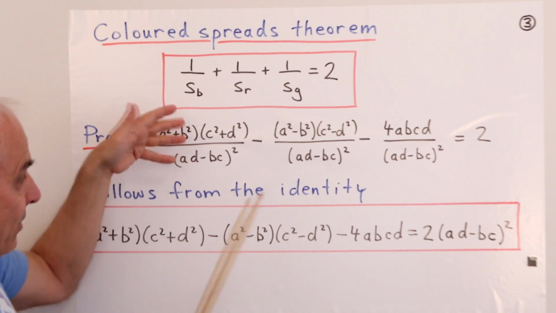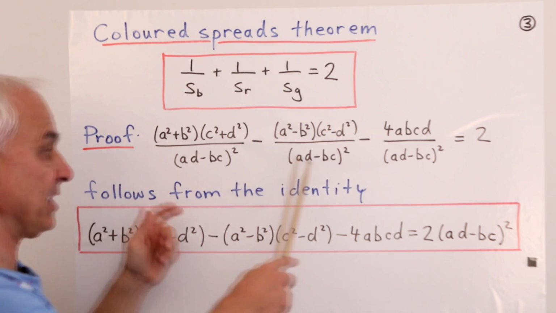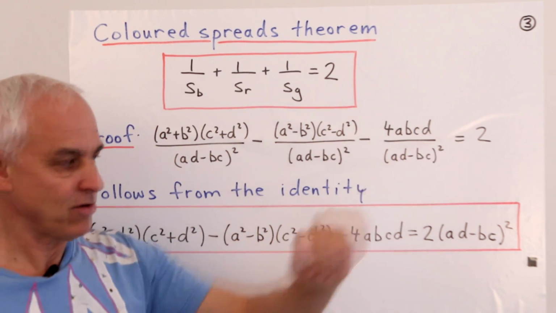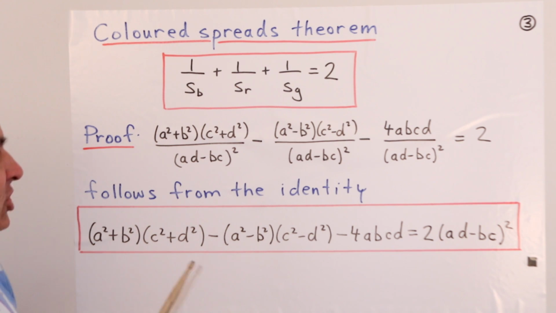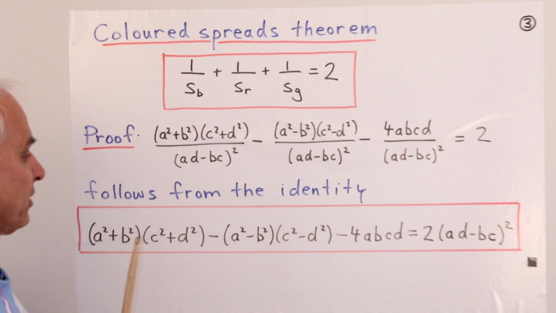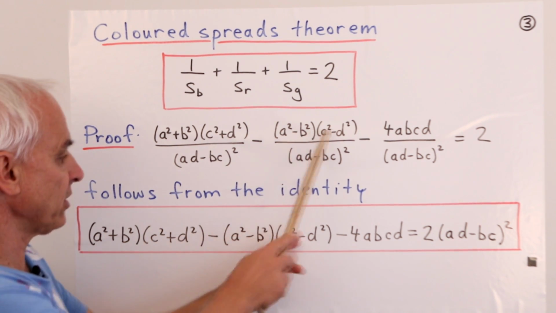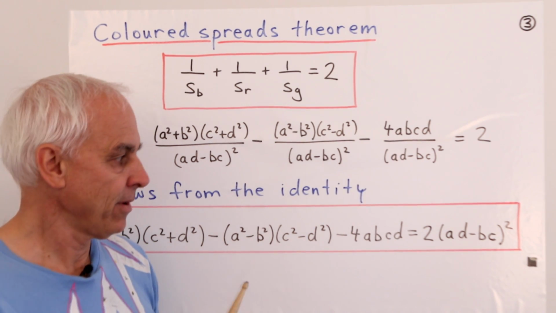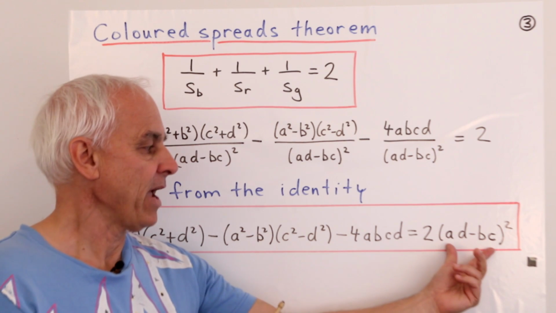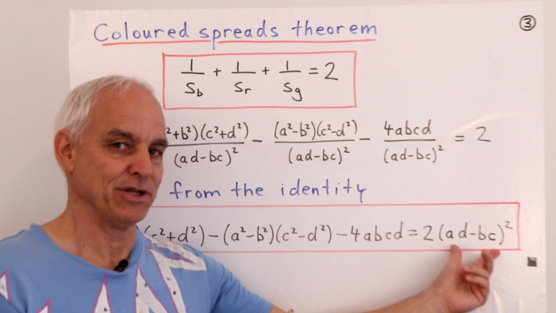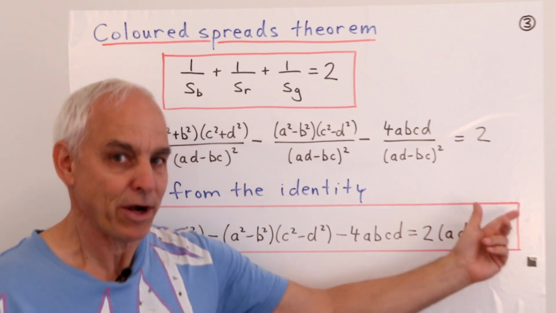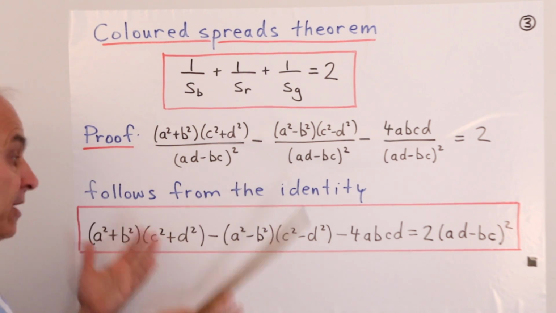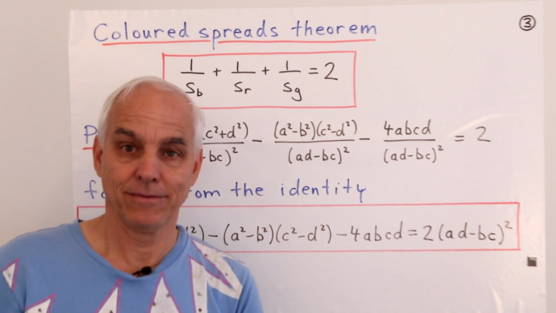It's actually not too hard to rearrange this because conveniently the denominators are all the same. So if we multiply through by that denominator, the expression to be checked is that this product of quadrances minus this product of quadrances minus this product of quadrances equals 2 times (AD minus BC) squared, our determinant squared. And this is just a God-given algebraic identity.